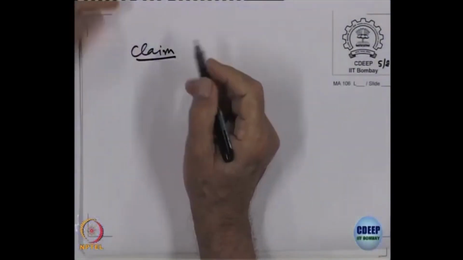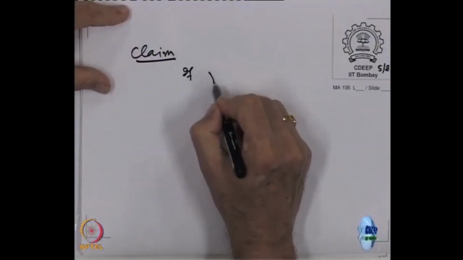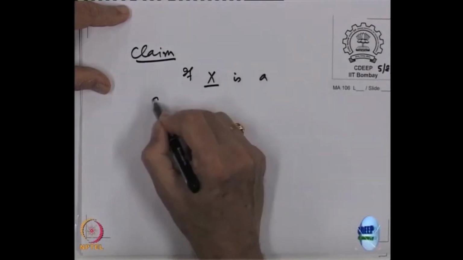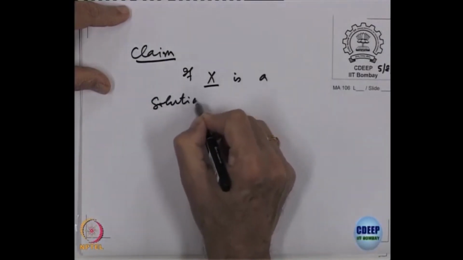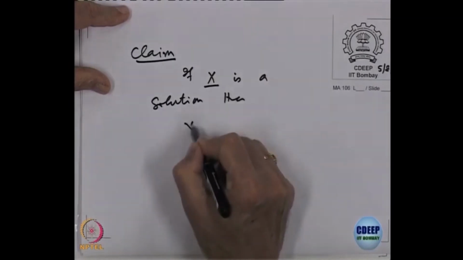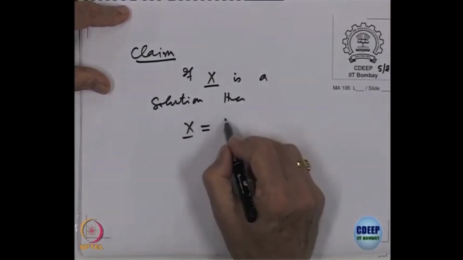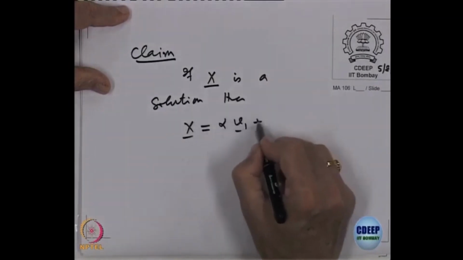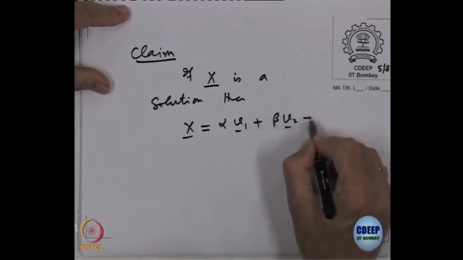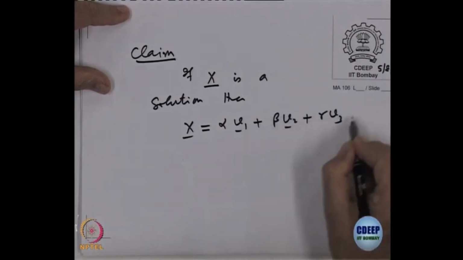Okay, let me just write the last thing here. Claim: if x is a solution, then this x should be equal to alpha times V1 plus beta times V2 plus gamma times V3, right.